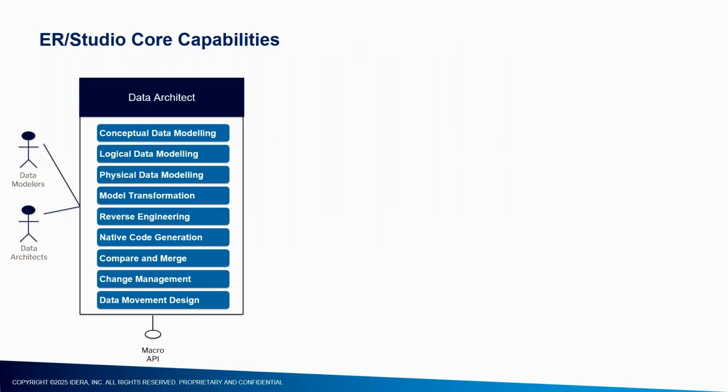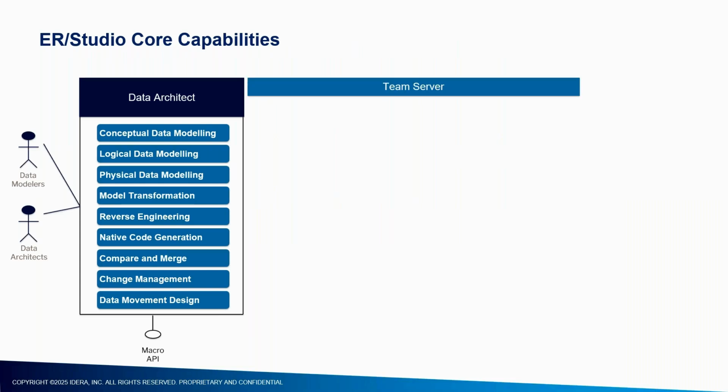We can compare and merge to bring information and share it across the models, and also generate code, whether that's DDL script or JSON. So the actual work done by the data modelers, the data architects, is inside EOS Studio Data Architect.